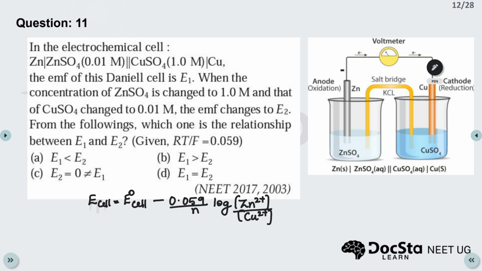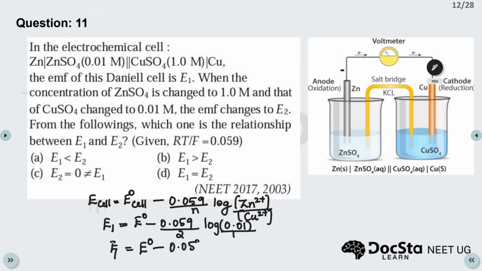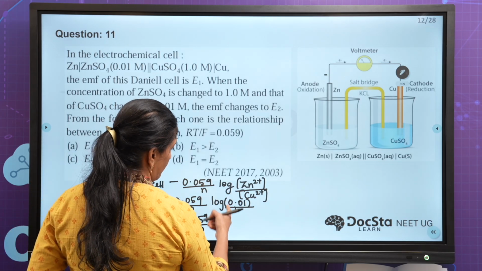So E1 is equal to E0 minus 0.059 by 2, the number of electrons involved being 2, log of the concentration of Zn2 plus, 0.01, divided by the concentration of copper, taken as 1.